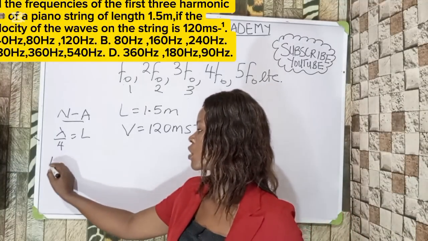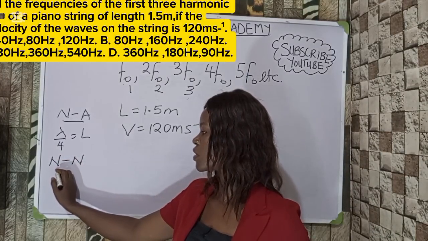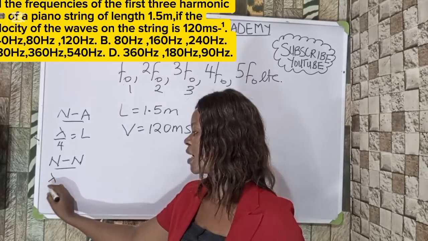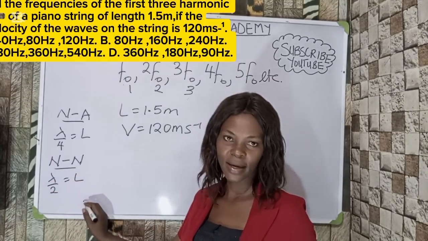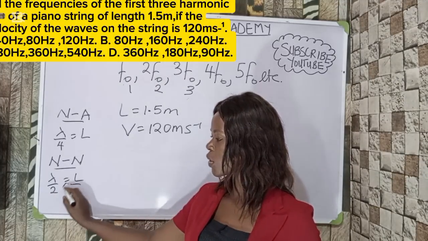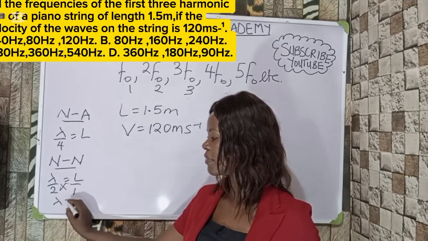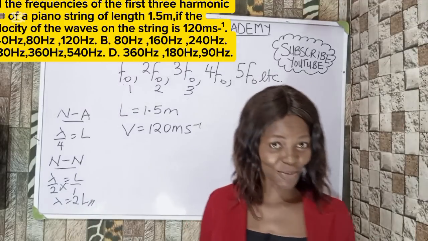So the distance between a node and another node is equal to lambda over 2, right? Now this is equal to L. So if you want to make lambda the subject, we say this is over 1, cross multiply. So lambda is equal to 2L. I hope that is clear.